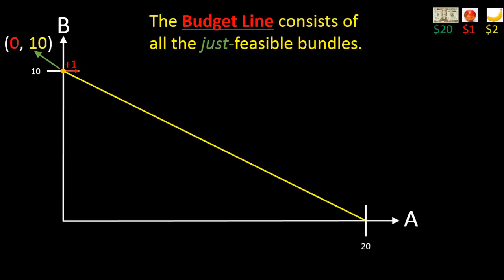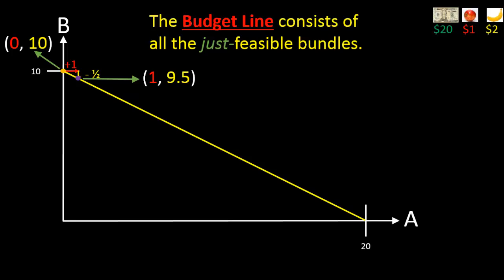Well, it can only come from him cutting back on his consumption of bananas. And since each banana costs $2, he needs to reduce his consumption of bananas by precisely half. And so where he'll end up is at the purple consumption bundle that I've just highlighted. This is the bundle 1 apple, 9.5 bananas. This bundle is also a just feasible bundle because here Chris is spending all of his money.